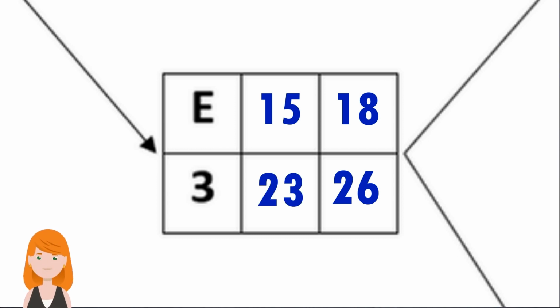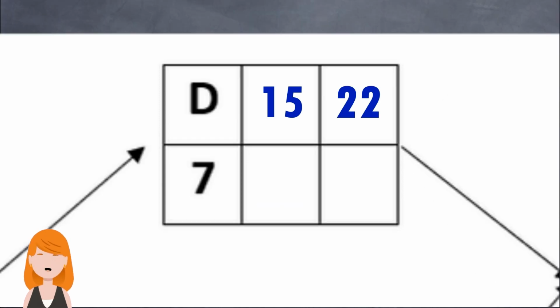And now let's have D. D has only one successor, G, so the latest finish time for D will be 26, and the latest start time will be 26 minus 7, which gives 19.